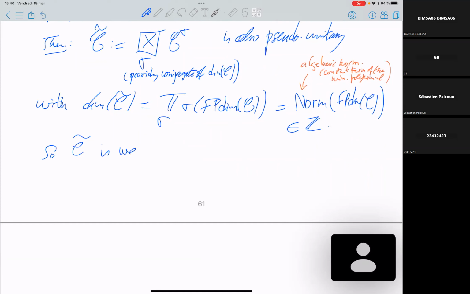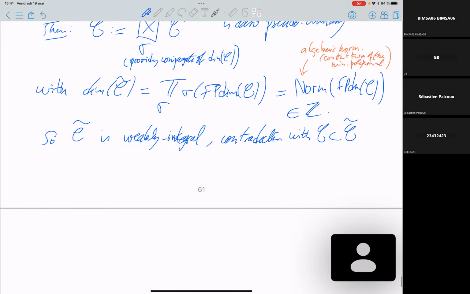So this is weakly integral. Contradiction, with C being a fusion subcategory of C tilde, a non-weakly integral fusion subcategory.